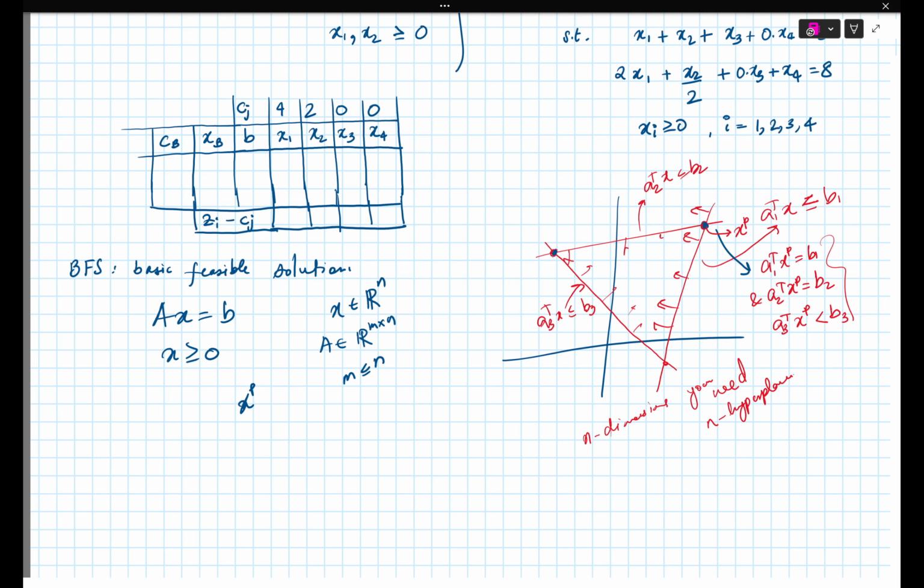And this m, you say consider the rank of A is equal to m.